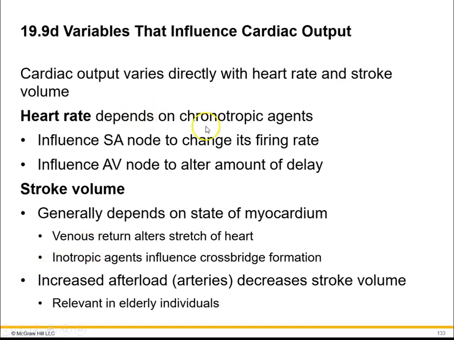Heart rate is controlled by chronotropic agents, which include the sympathetic and the parasympathetic nervous systems. Stroke volume depends on venous return, end diastolic volume, inotropic agents, which influence contractility, and afterload. An increase in afterload is going to decrease stroke volume.